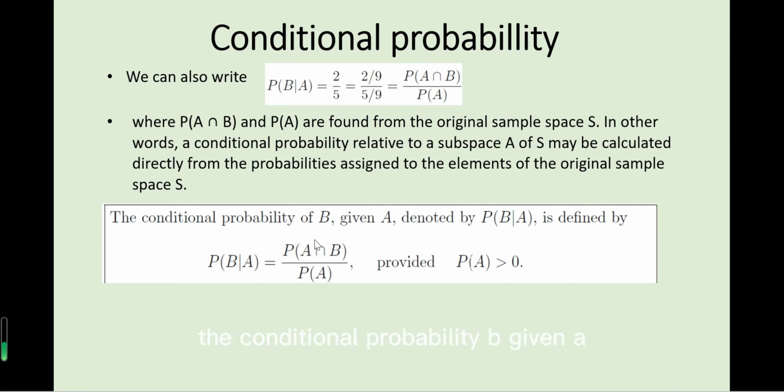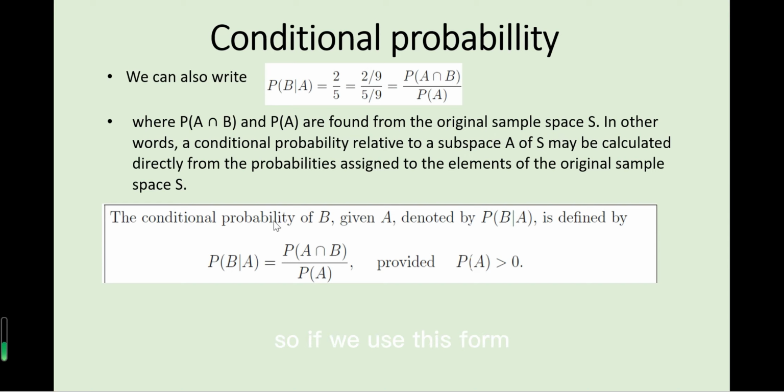The conditional probability of B given A, denoted by P(B|A), is defined as P(A ∩ B) divided by P(A), where A, B and P(A) are found from the original sample space.